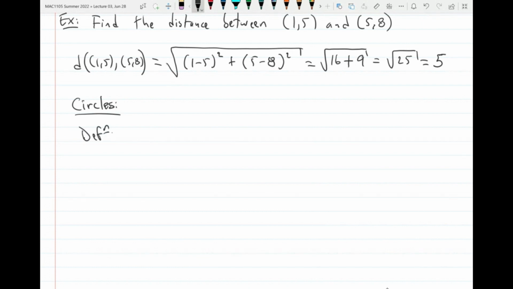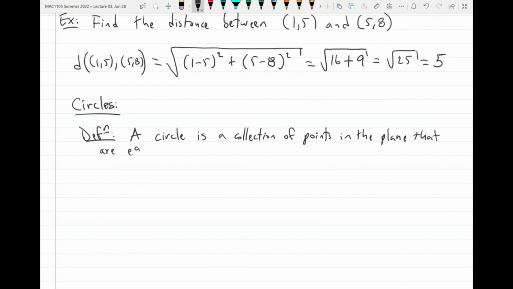So, definition: a circle is a collection of points in the plane that are equidistant.